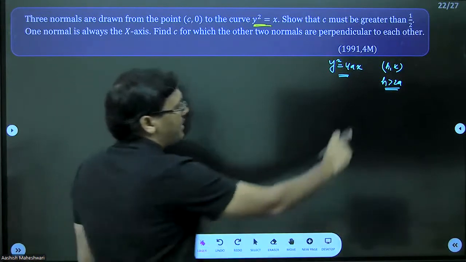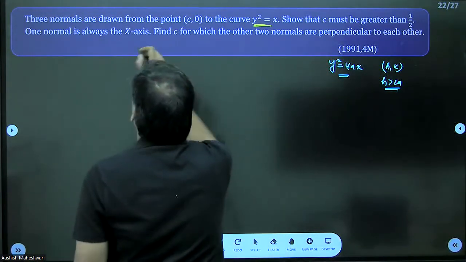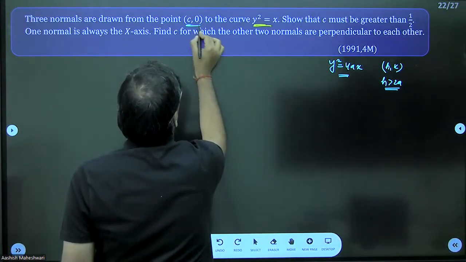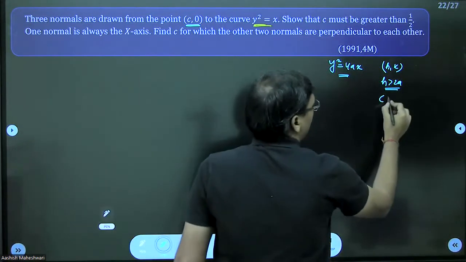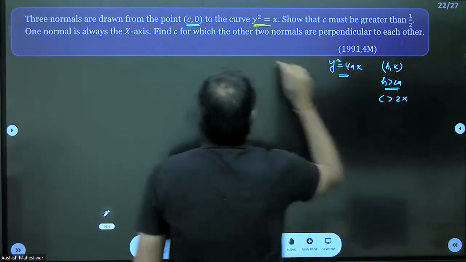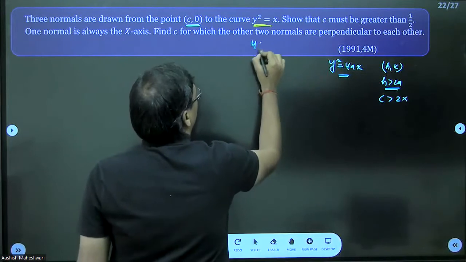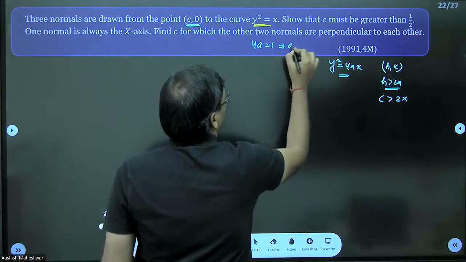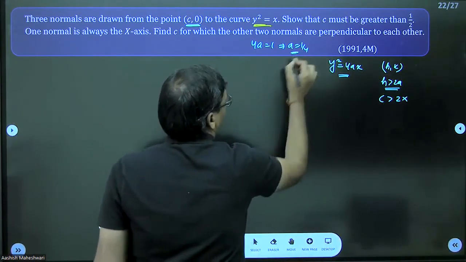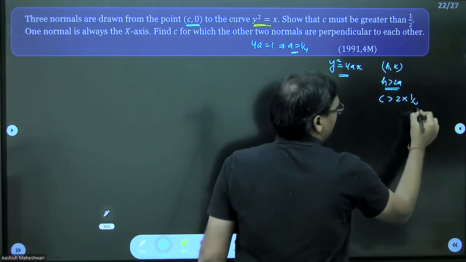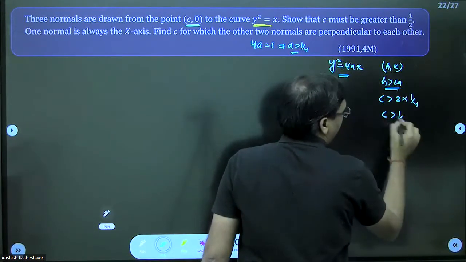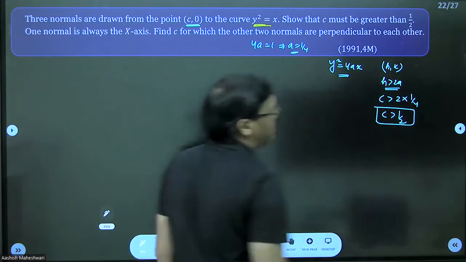Which point are we talking about? C comma 0. So c should be greater than 2a. What is a for this? 4a is equal to 1, that is a is equal to 1 by 4. So c should be greater than 1 by 2. This is how we can say this, right?